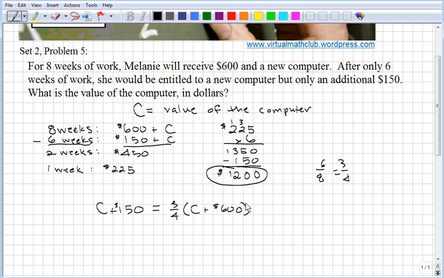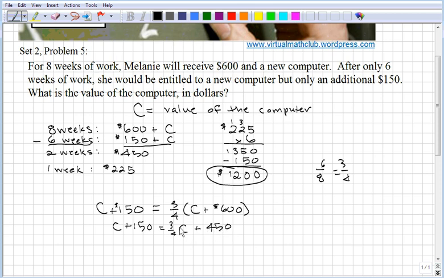And that's just a straightforward algebra problem. So let's just work that out. That would be c plus 150 is equal to 3/4 c plus 3/4 of 600, which would be 450.